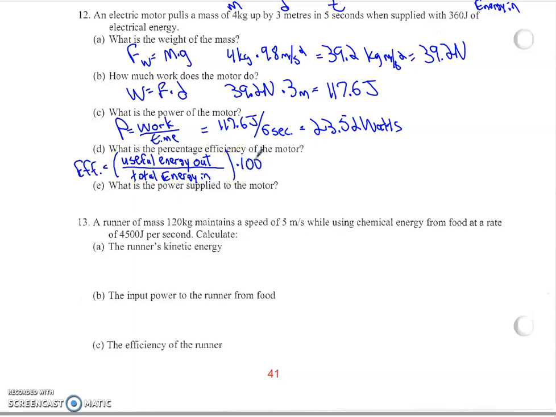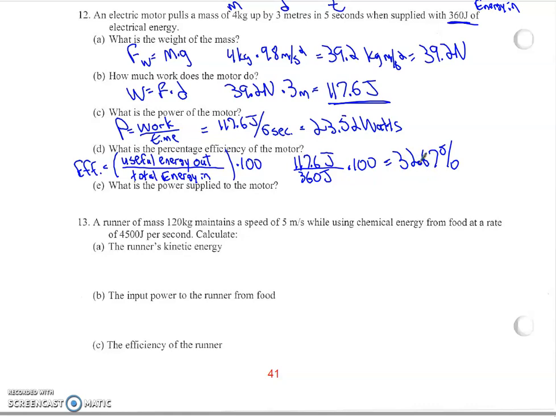So what we have to do is make sure we use the right numbers. The useful energy out was this 117.6 joules that we calculated. The total energy in was given in the problem. That's 360 joules. And then we're going to multiply our answer by 100, and that gives us 32.67% efficiency. There's a decimal point there.